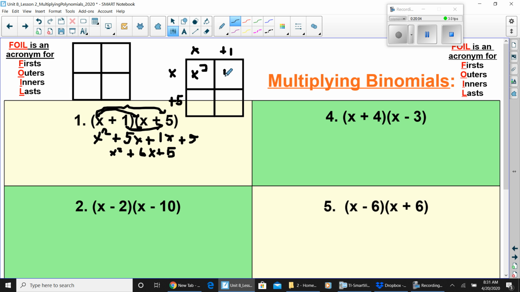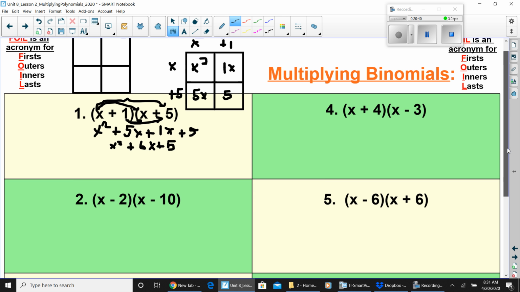X times 1, which is 1x, and everything's positive, so I'm not putting the plus inside. I know it's positive. X times 5 is 5x. And then 5 times 1 is 5. I'm not going to do this over again, but this is x squared plus 1x plus 5x plus 5. So we're combining the like terms. You have x squared plus 6x plus 5, which is the same answer as this.